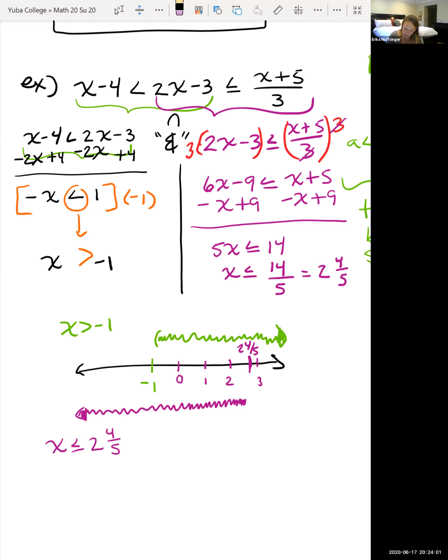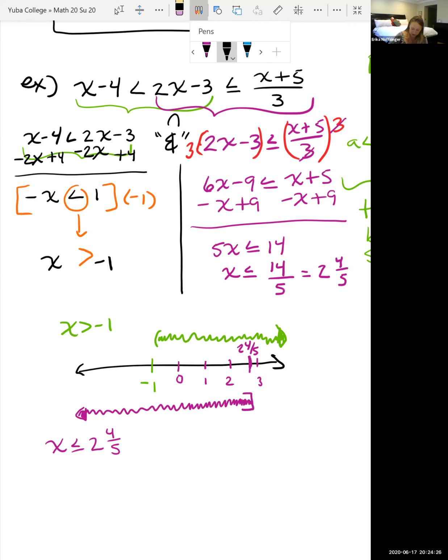And it has the equal to part of the inequality, so we're going to have a bracket. So our solution, because it's an and statement, is what they both share in common. You have to look at where they overlap. And they overlap, notice, between -1 and 2 4/5.